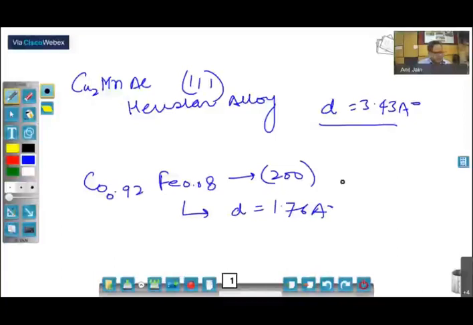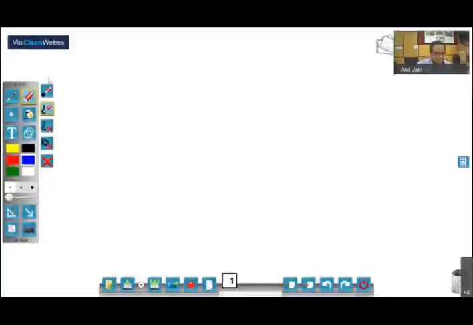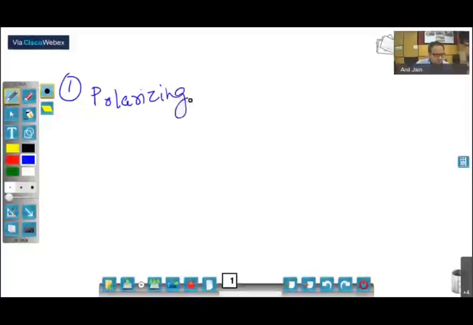One other way is using polarizing filters, means by the preferential absorption by helium-3 nucleus.